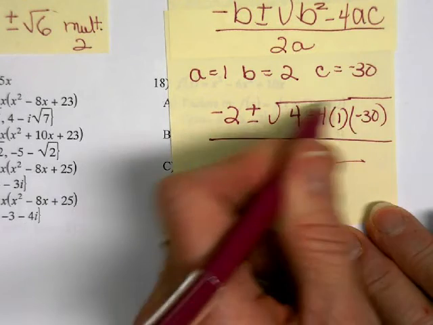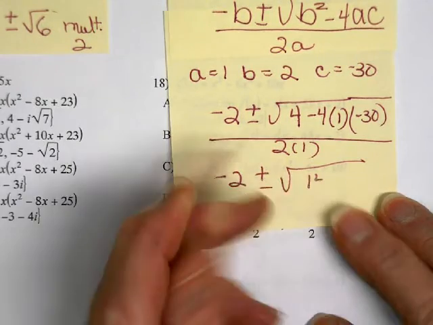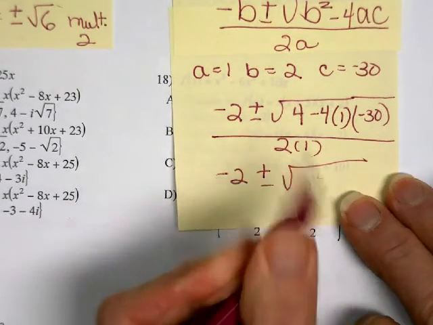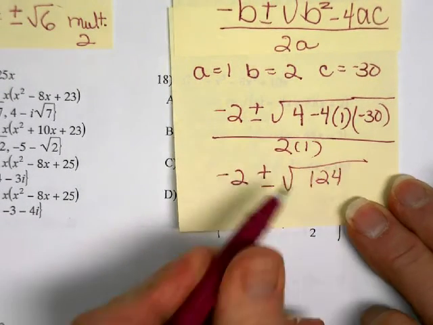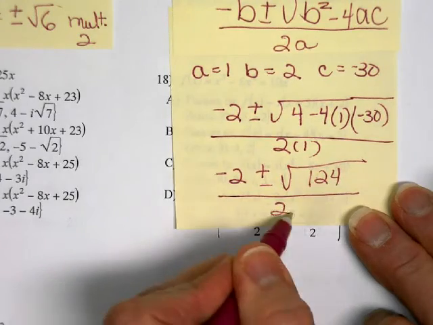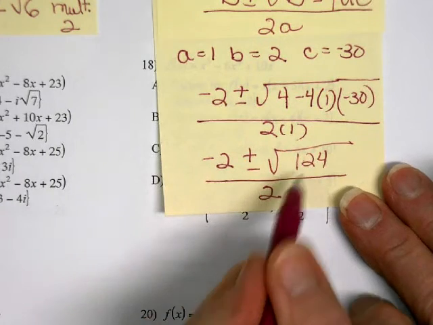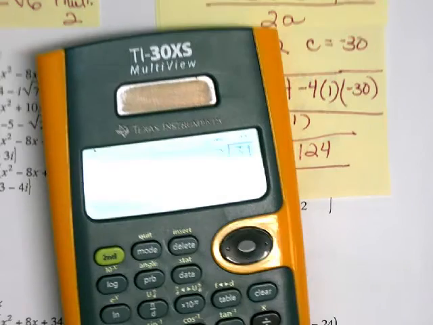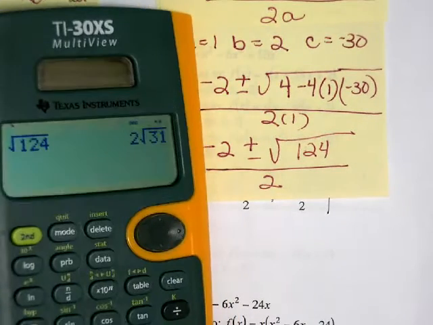You can put it all in your calculator and see what it cranks out to be, or you can do it a piece at a time. The opposite of 2, plus or minus the square root of 4 plus 120 is 124, over 2.